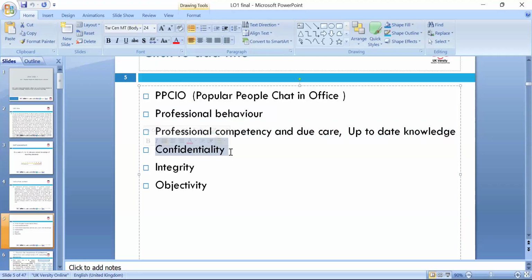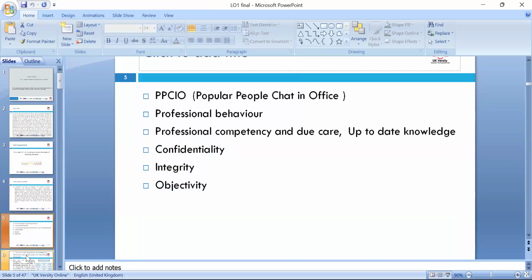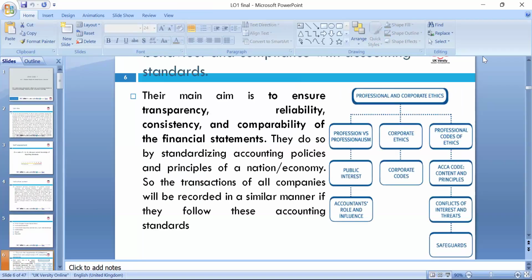Confidentiality: of course, we do not disclose information without the client's permission. We also have GDPR, the General Data Protection Regulation 2018. Integrity: we are supposed to be honest in our matters. Of course, tax evasion is illegal, and we rely mostly on the information the client provides. Objectivity means always giving true and fair information; we do not investigate, and we rely on whatever information the client provides us.